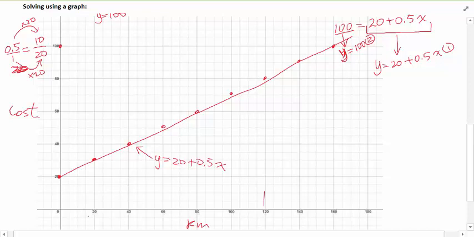When x equals 20, what does y equal to? 100. When x equals 40, what does y equal to? 100. When x equals 60, what does y equal to? 100. Do you understand? Y is what? 100 no matter what. No matter what x value I choose, y is always going to be what? 100. Does that make sense?